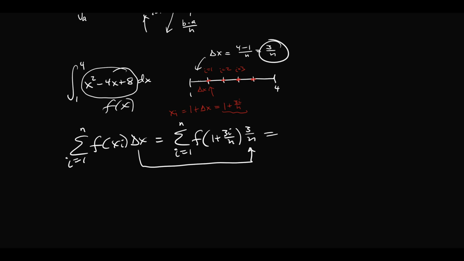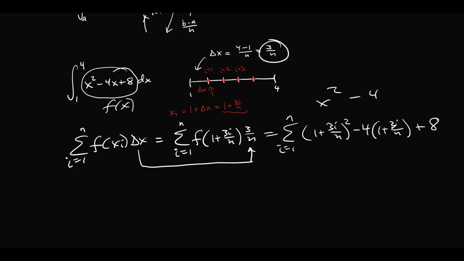So this is going to be the sum i equal 1 to n of, now we're going to put x squared in. So (1 plus 3i over n) squared minus 4 times (1 plus 3i over n), and then plus 8. So this is the x squared minus 4x plus 8.